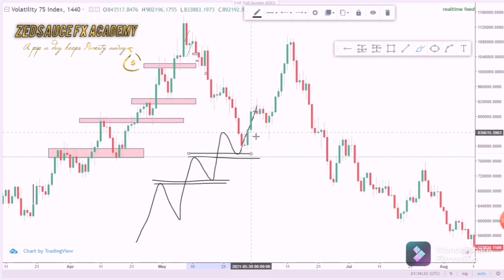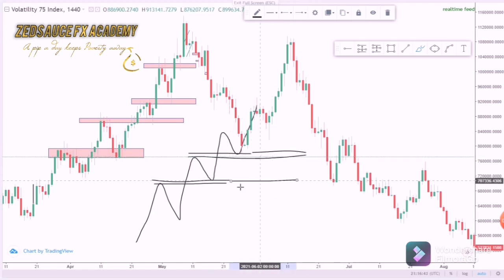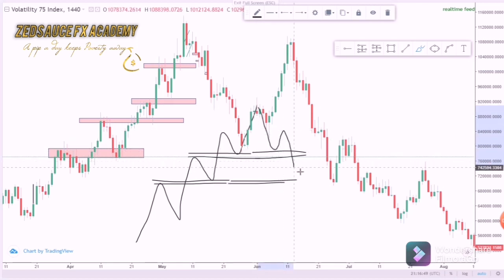And how do you confirm that the market has turned to the downside? It usually prints something like this. So this is a level here, and this level continuation. Okay, so it will print something like this, come down, come up, break this zone, retest it, then continue to the downside.